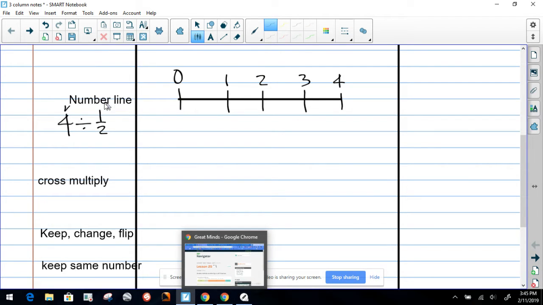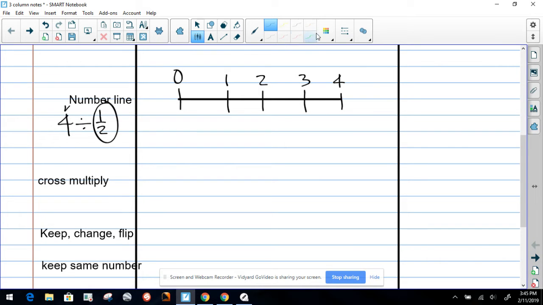And it's going to be divided by 1/2. Let's do that. 1/2, 1/2, 1/2. Now again, if you count the halves, you have 1/2, 1/2, 1/2, 1/2, 1/2, 1/2, 1/2, and 1/2. And if you count them all, again, it will give you the answer, which is 8. So that's a number line.